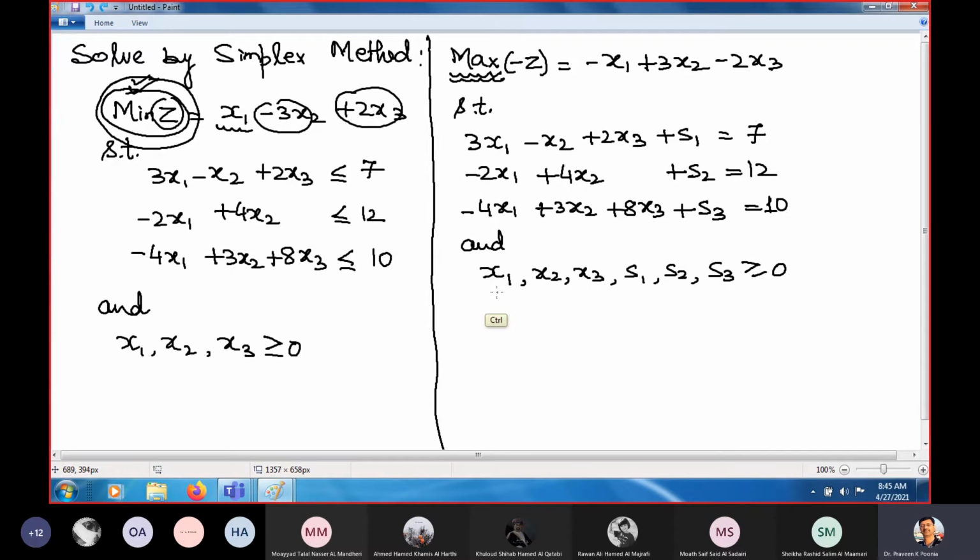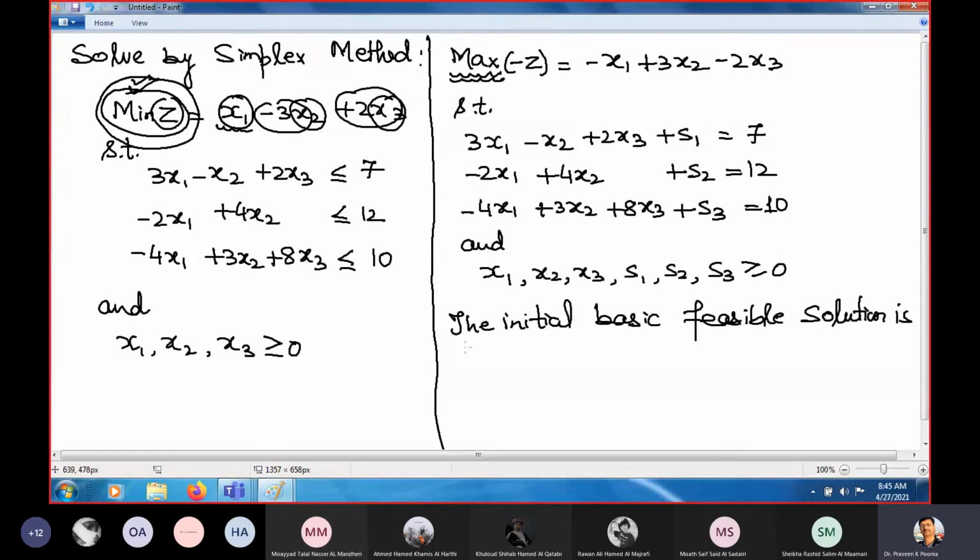Next step is, my dear friends, the initial basic feasible solution. How do we get the initial basic feasible solution? Put the decision variables equal to 0: x1 is 0, x2 is 0, x3 is 0.